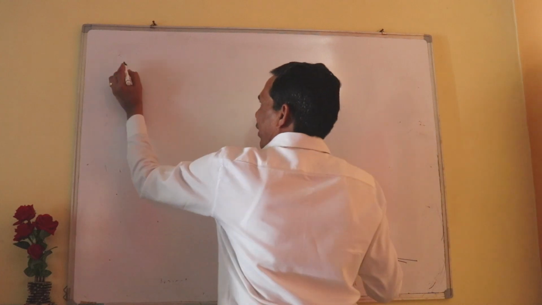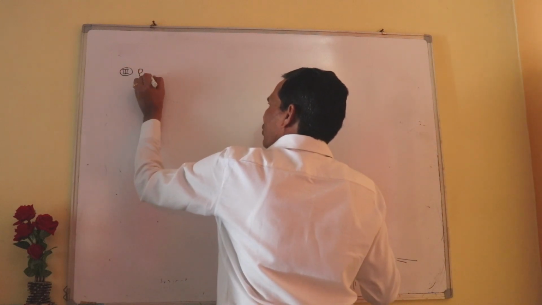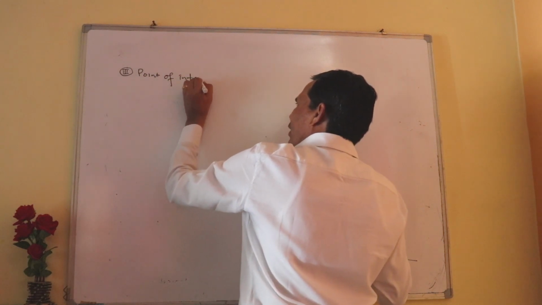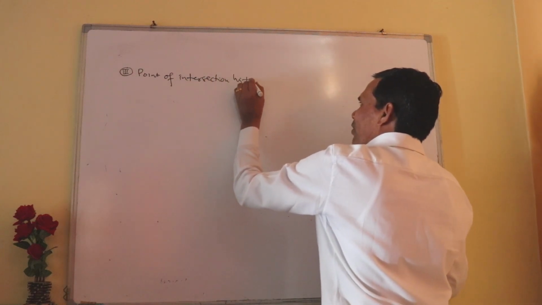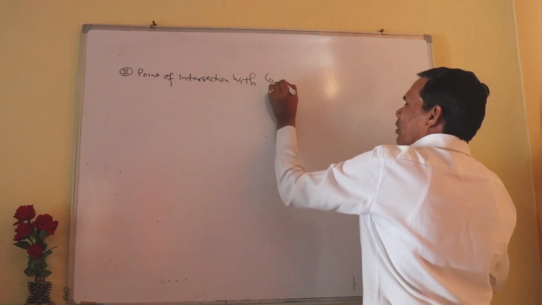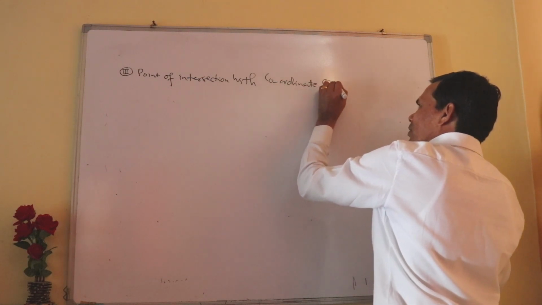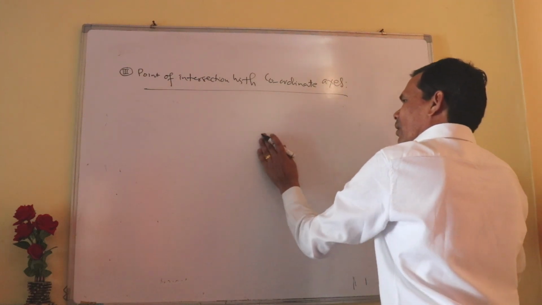The third point is point of intersection with the coordinate axes, x axis and y axis.